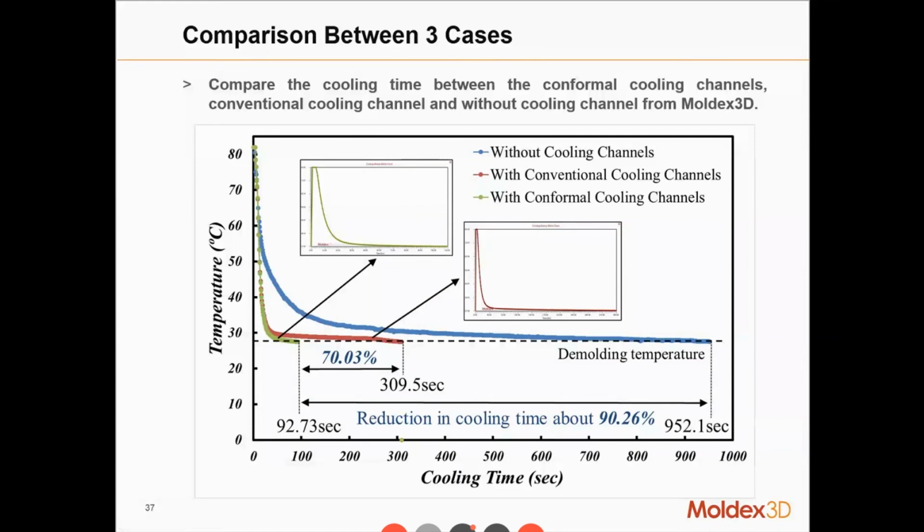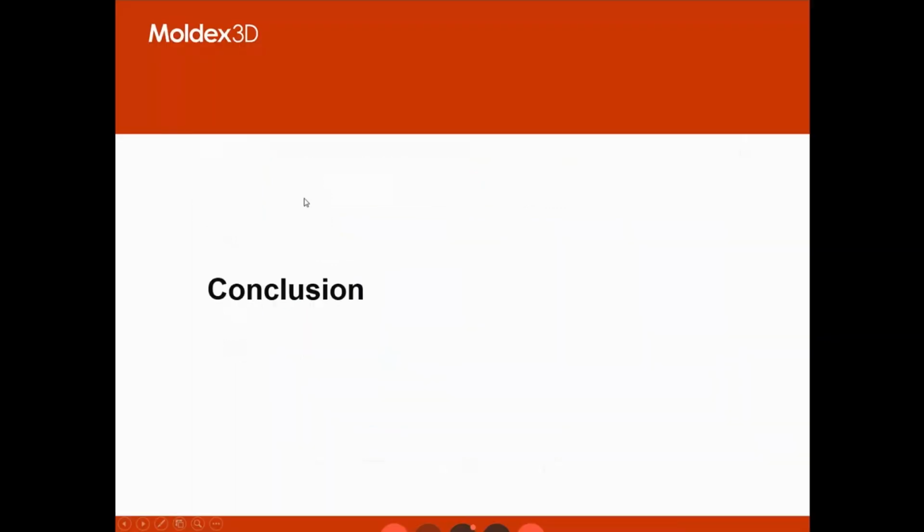As you can see, it only took 92 seconds for the conformal cooling channel, but more than 300 seconds for the conventional cooling channels, and a total of 950 seconds for the one without cooling channels. This is how much of a difference different cooling layouts make.